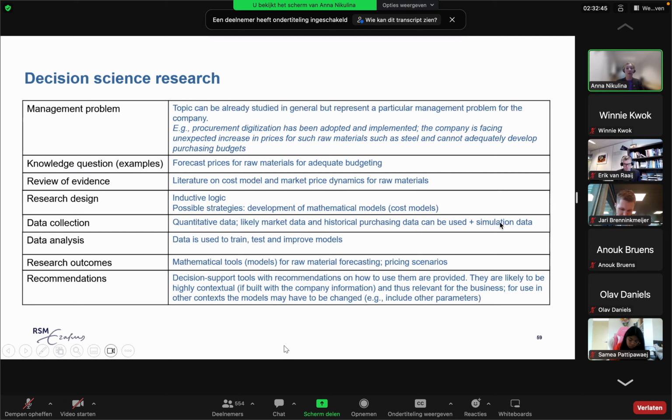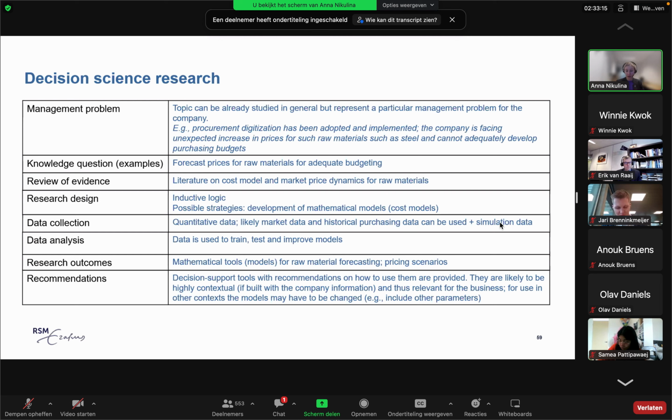Recommendations. Well, we're not really talking about traditional scientific recommendations here. Sometimes we give tools and decisions to organizations when we use decision science. And they are very contextual because, again, typically such solutions can be created for a particular organization, maybe for an industry, but then the level is already not as usable for every organization as possible. So they're very relevant for the companies that you are developing a solution for.